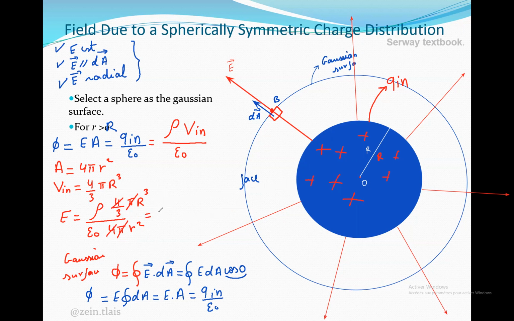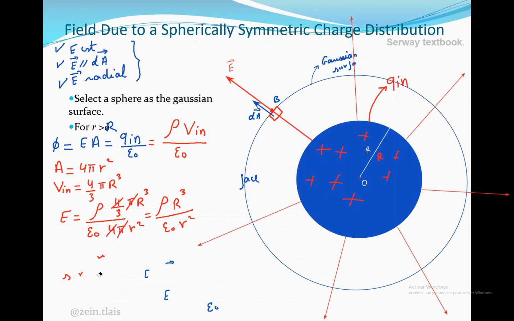We get the final form of this formula, E equals rho R cubed divided by 3 epsilon 0 r squared. Let's write this equation.